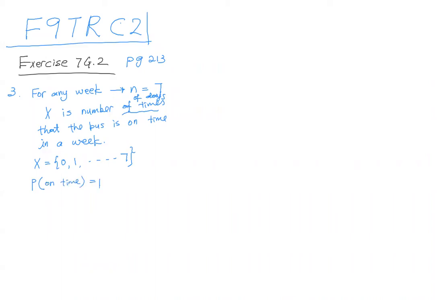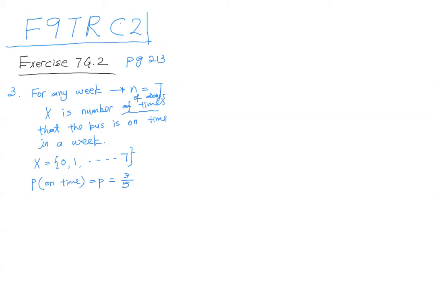Okay, so now what is the probability that the bus will be on time? That is P. Can anyone tell me? Okay, they say on average, 2 days out of 5 is late. So 3 out of 5 is on time. All right, so we want to talk about on time. So you have to read the question carefully.